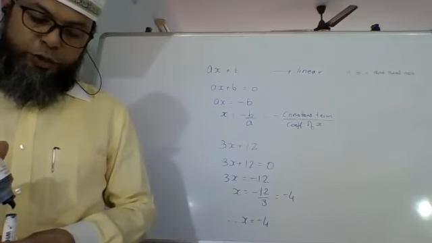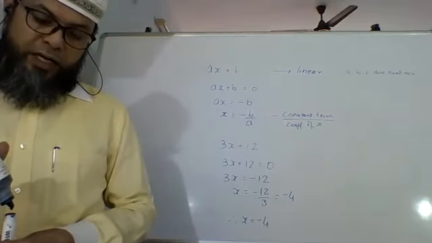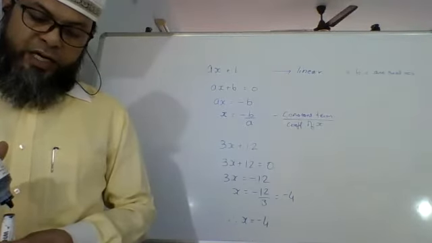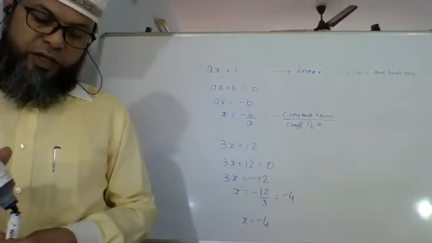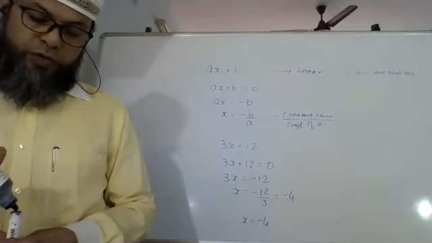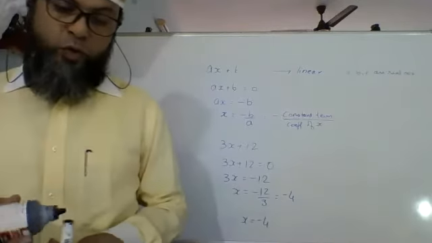So there are 3 zeros of a cubic polynomial. Similarly, when we solve a biquadratic polynomial, the values of x for which it returns value 0 will be 4. So that is what we are going to see.